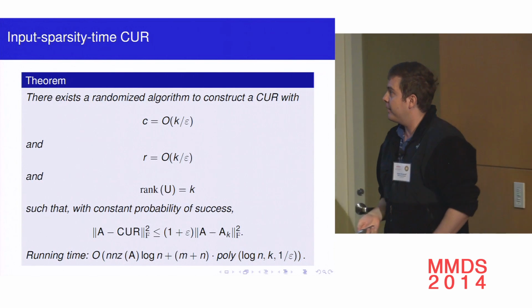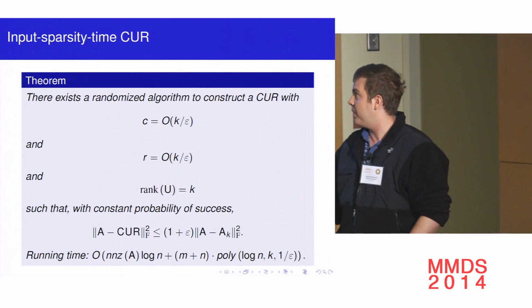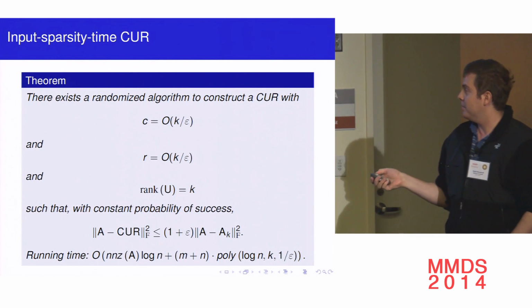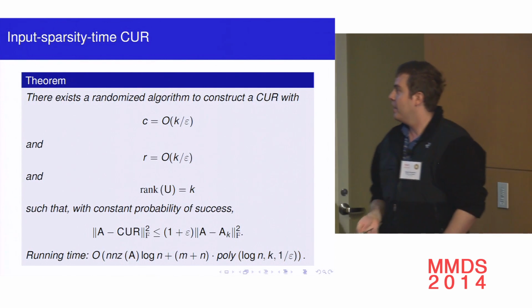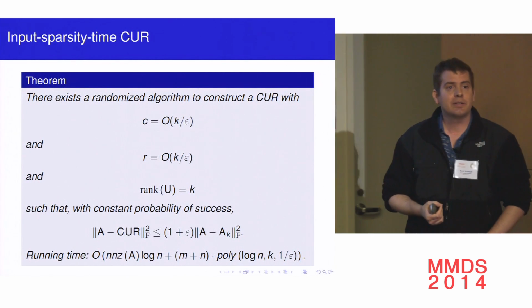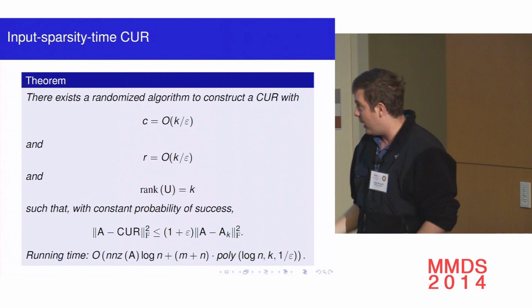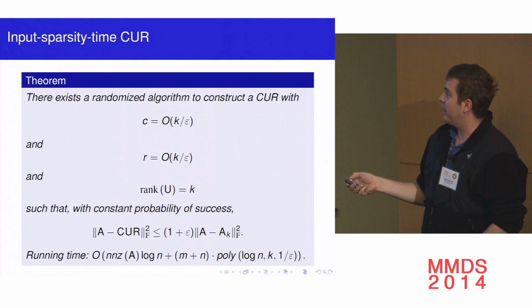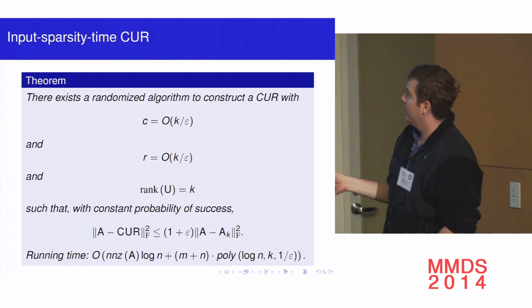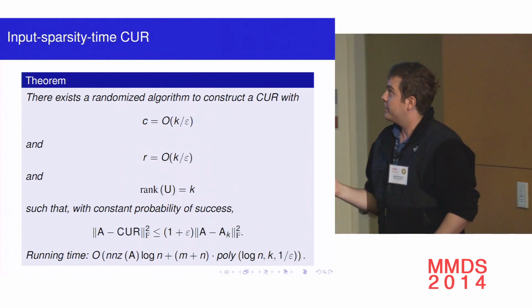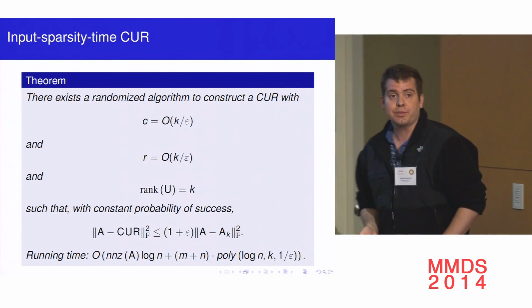And the guarantee is that with constant probability of success, you get a relative error 1 plus epsilon approximation, and moreover the running time is the number of non-zero entries of A times a log n factor, plus lower order terms, so m plus n times a low degree polynomial in log n, k, and 1 over epsilon. So that's the input sparsity time result.